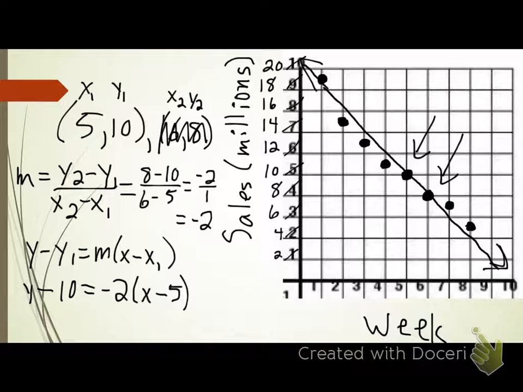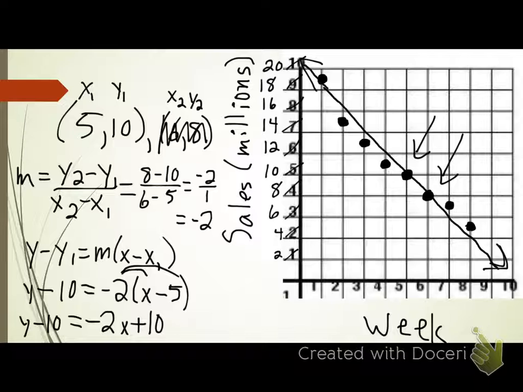Okay, what's my next step to get the y by itself? What do we call that? Distribute. -2 times x. -2x. -2 times -5. +10.